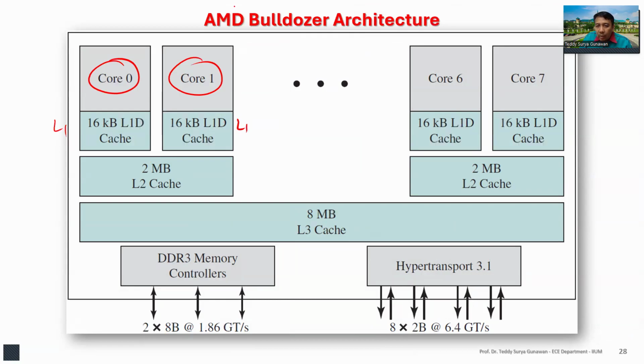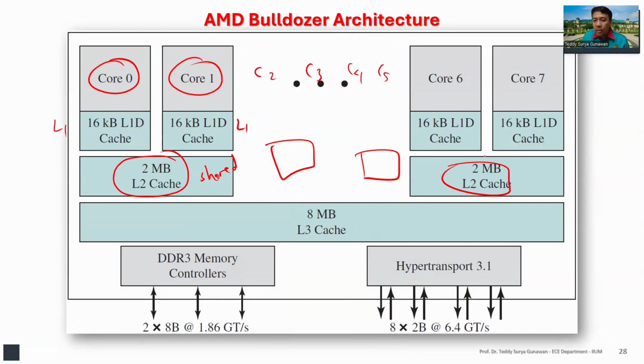And in AMD, we have a shared level 2 cache. Then after that, core 2, core 3, core 4, core 5. You have a shared level 2 cache, also. So whatever data is in here can be read by either this one or this one.